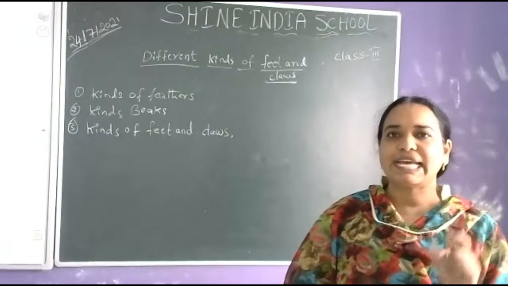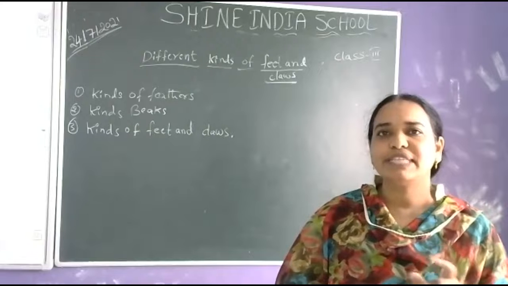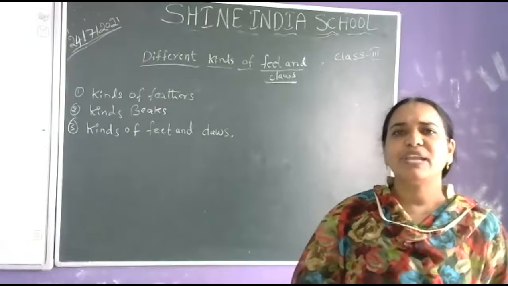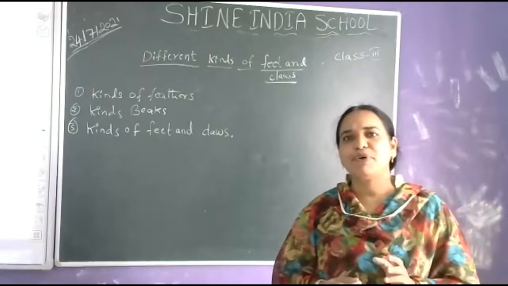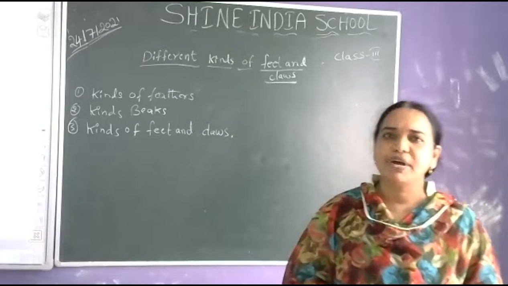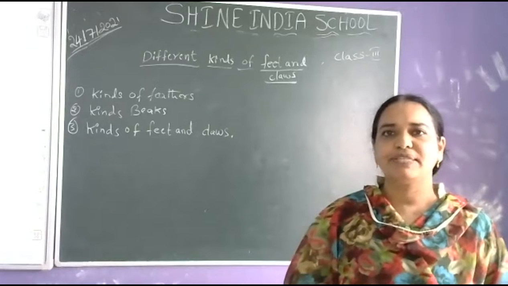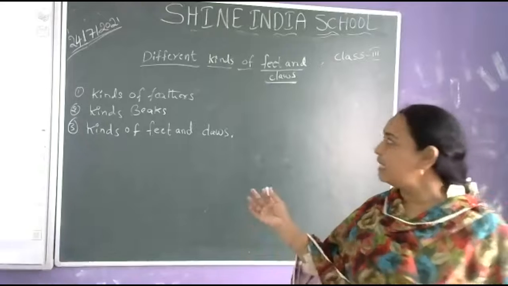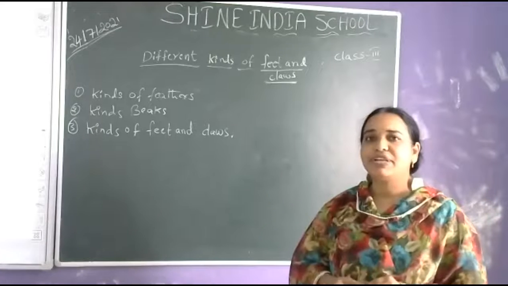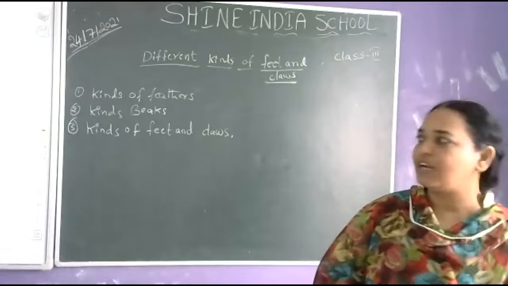With that, it cracks grains and nuts and eats the seeds. So based on the type of food the bird eats, they have different kinds of beaks. Like that, birds have different kinds of feet and claws.